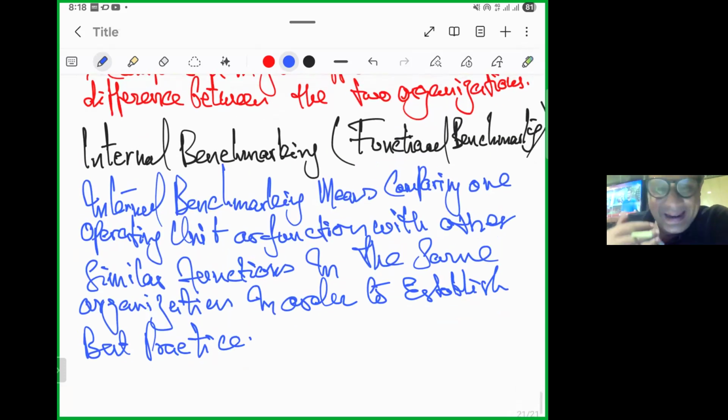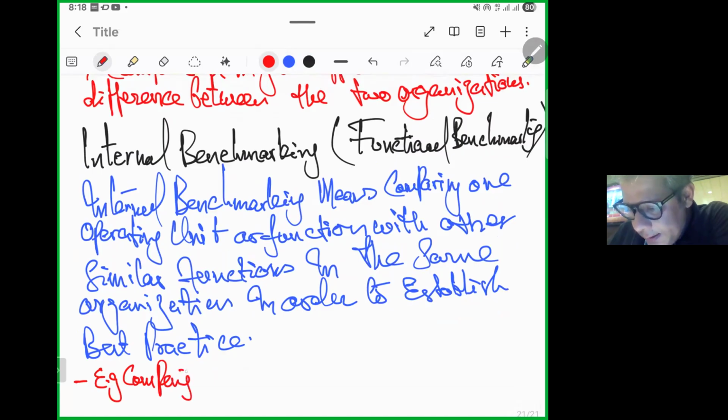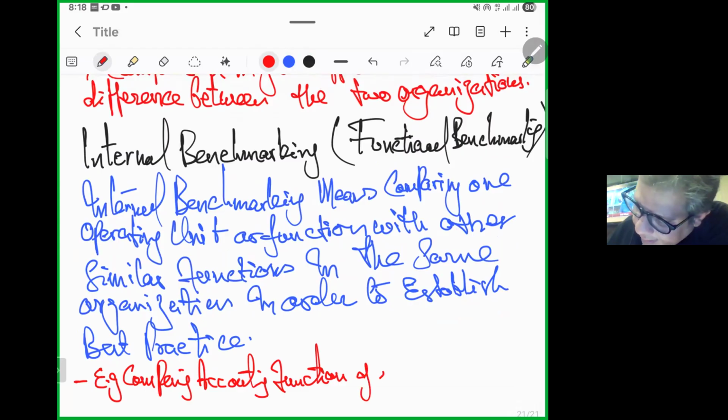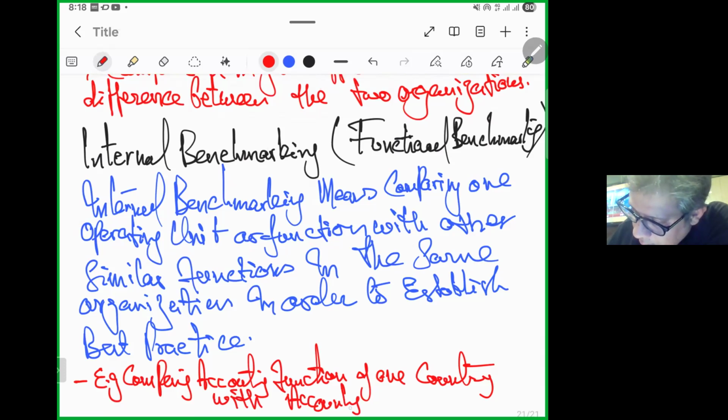For example, comparing the accounting function in one country with that of the same organization in another country.